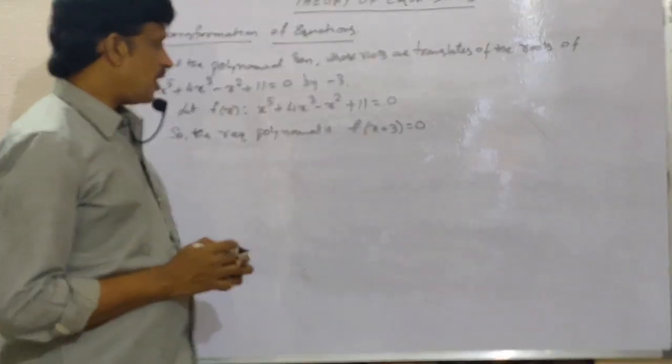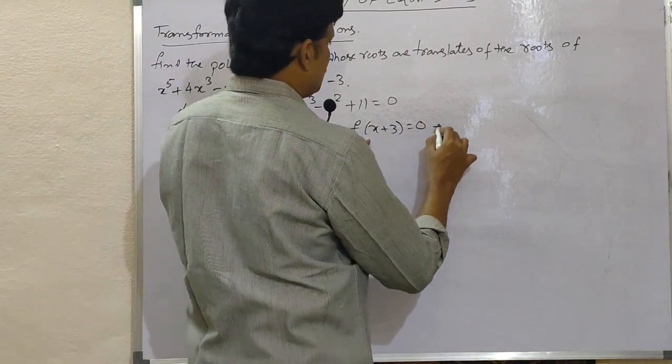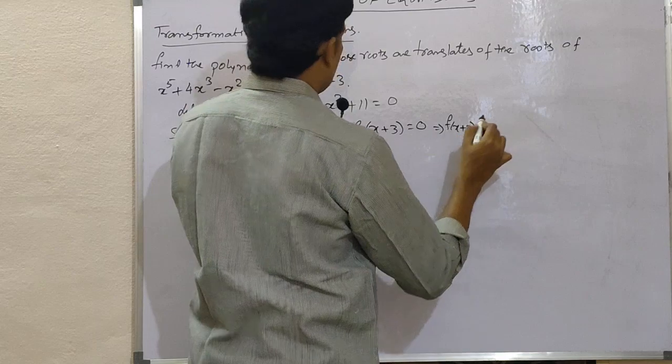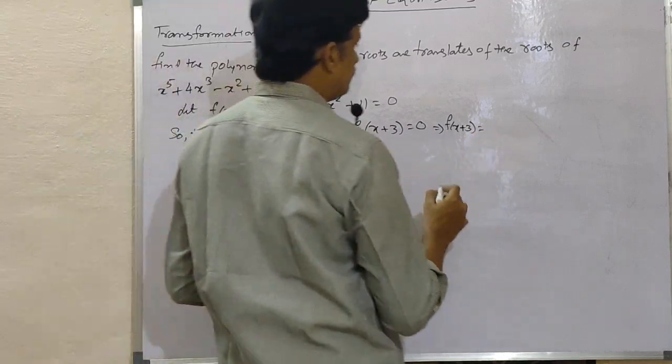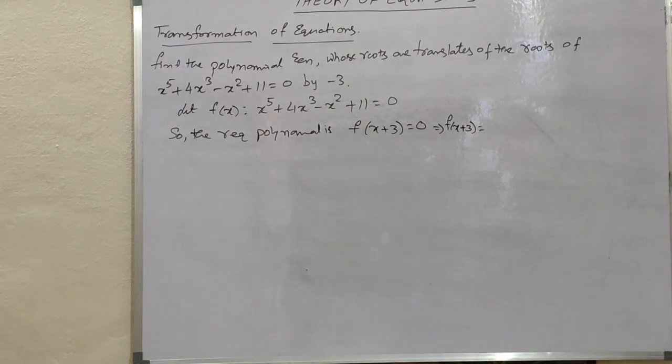So here the required polynomial is f of x plus 3 equal to 0, and since f is of degree 5, we are again getting another polynomial of degree 5.